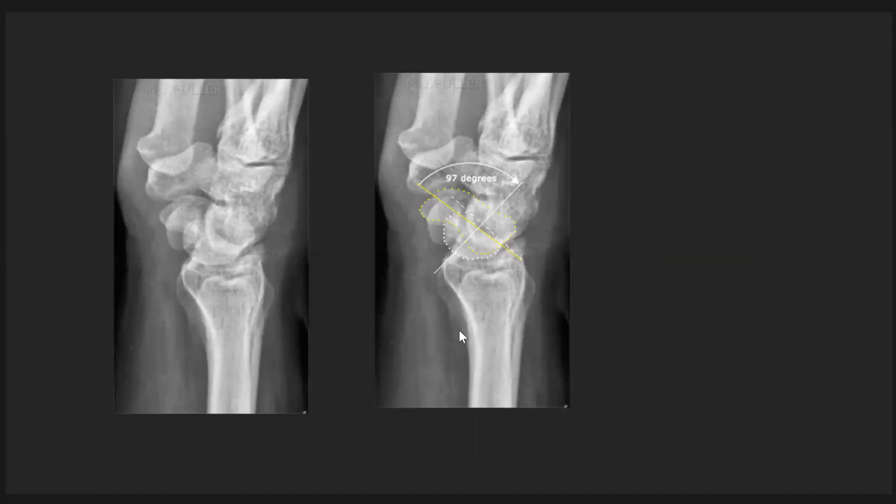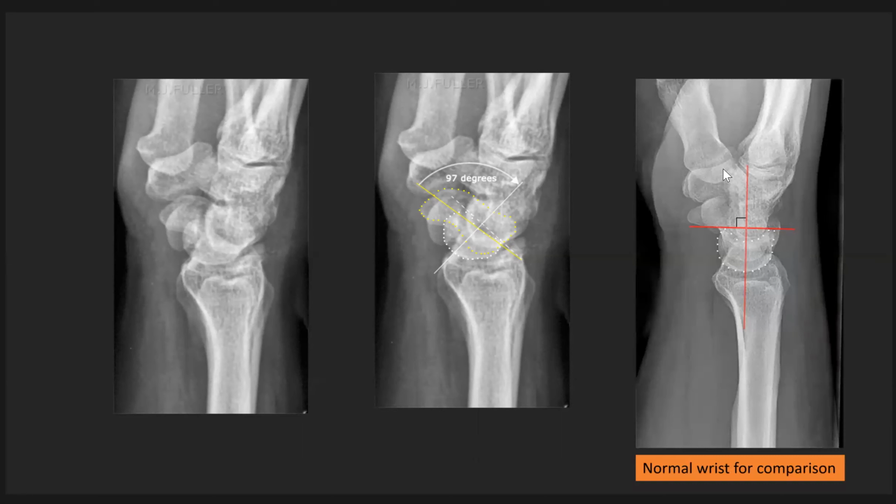Here is another patient with DISI, and the scapholunate angle is about 97, and here we see in the yellow the scaphoid, and this is the lunate with dorsal deformity. Here, this is the normal wrist for comparison.